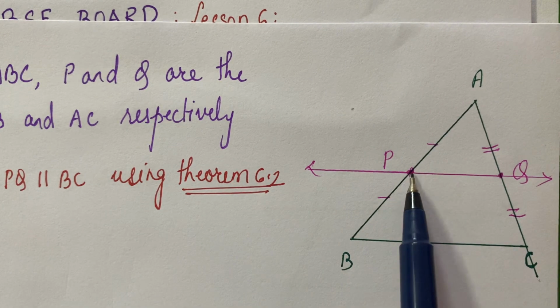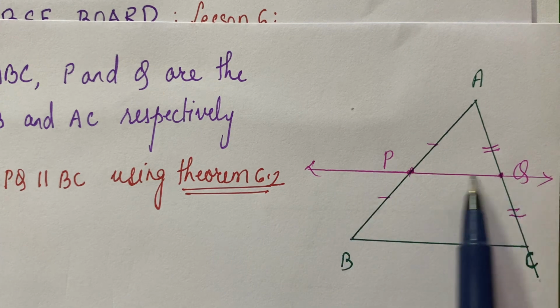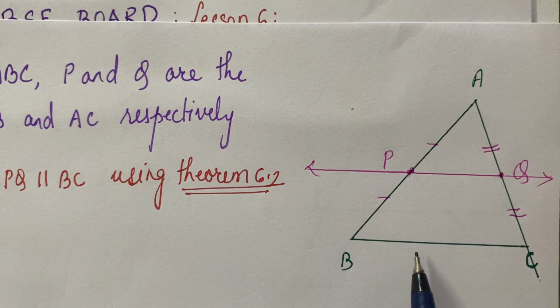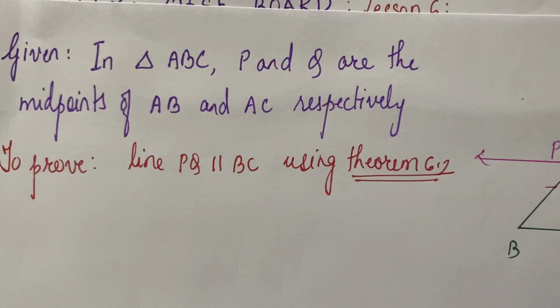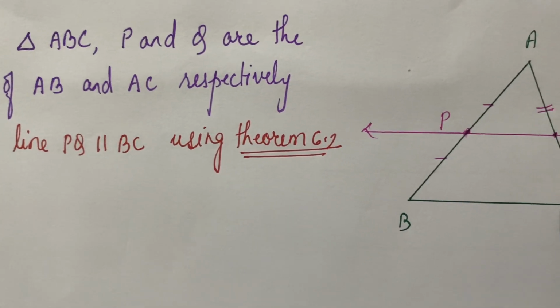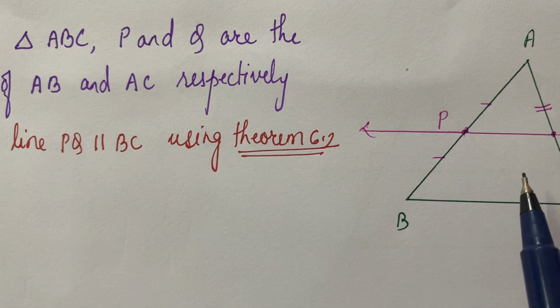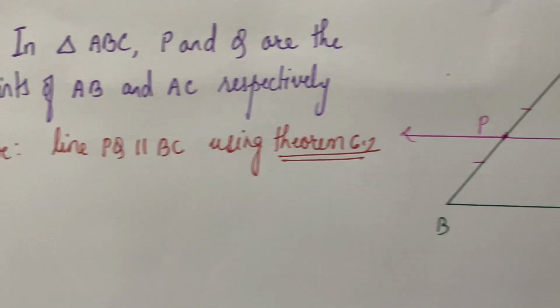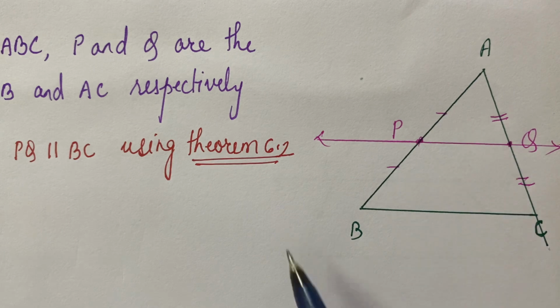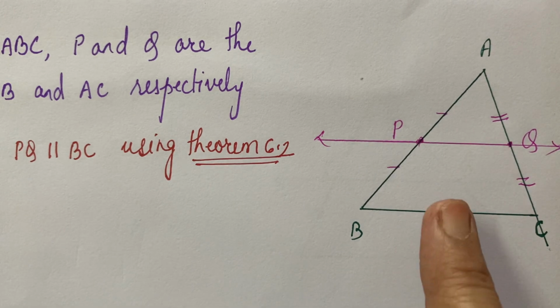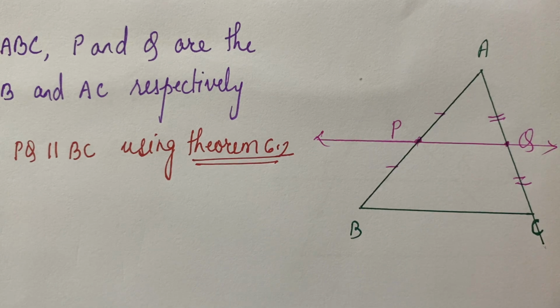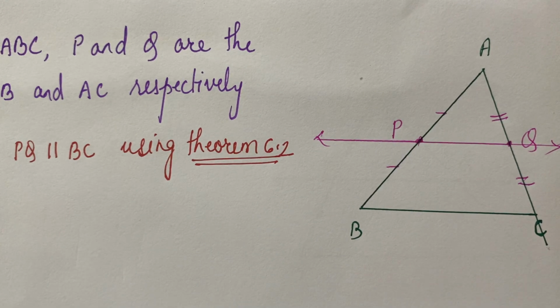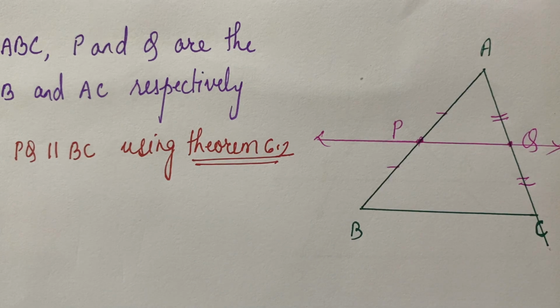You have to prove that this line which is passing through the points P and Q will be parallel to the third side BC, using the converse of basic proportionality theorem. This is called the midpoint theorem, students. In 9th standard, this question is termed as the midpoint theorem. If a line is passing through the midpoints of any two sides of a triangle, then it will be parallel to the third side and it will be half of the third side. This is what you studied in your 9th standard.